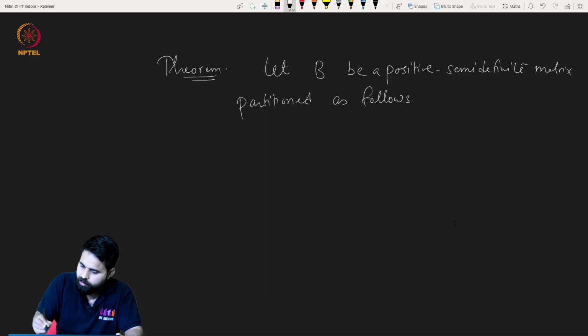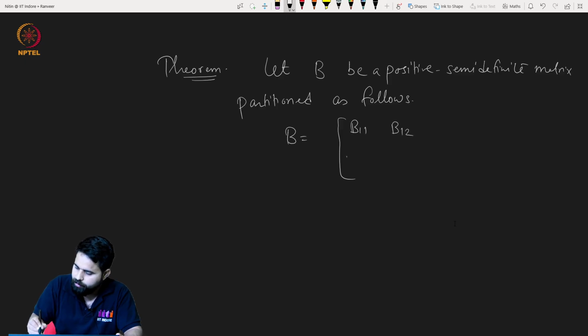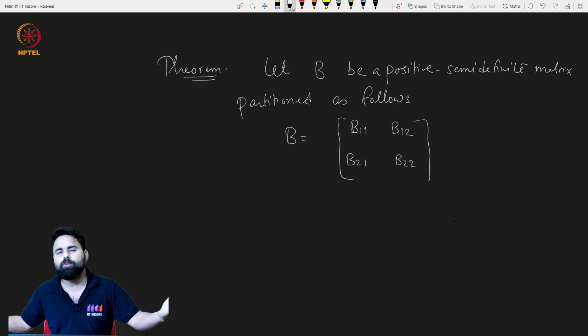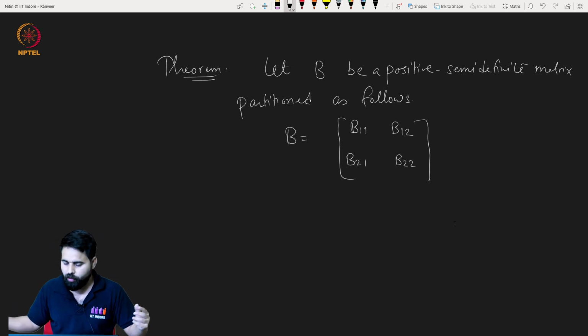Suppose this is the B matrix and it is partitioned as B11, B12, B21, B22, where B11 is some square matrix, and so B22 will also be a square matrix.